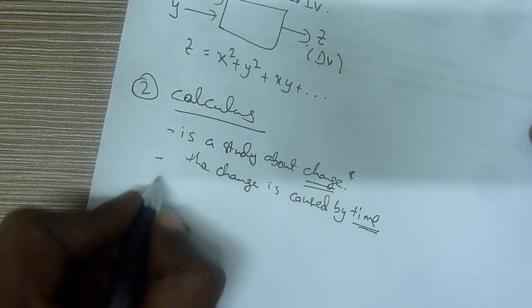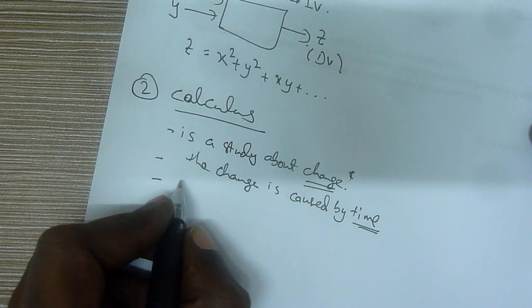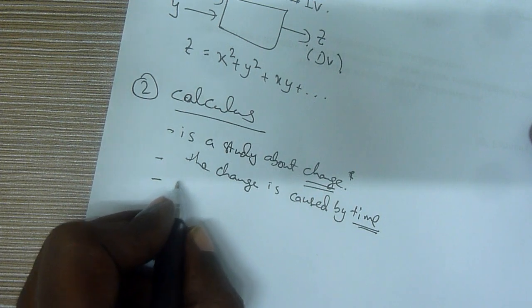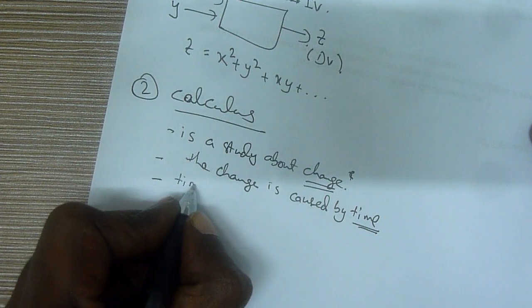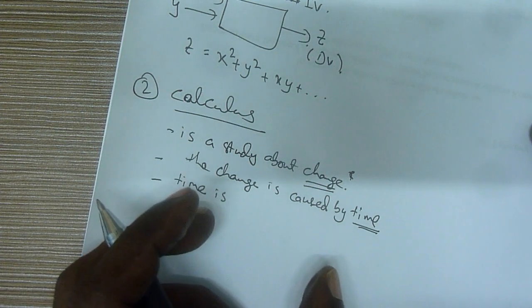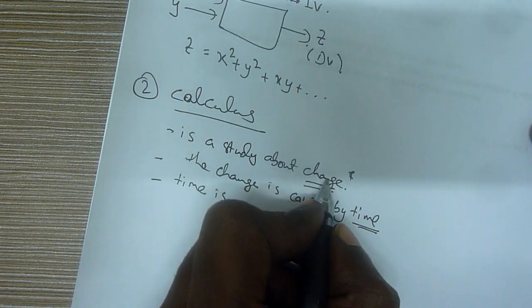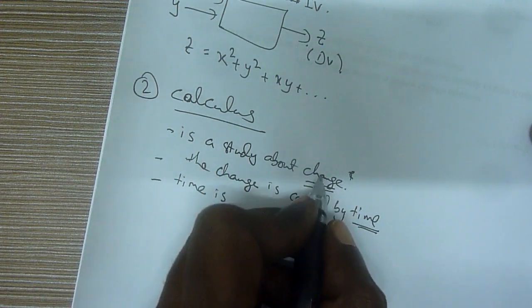Therefore, time first of all must be defined in a physical sense. It's not an exact definition again. This definition is what we are trying to define for the change. We are connecting time to the change.